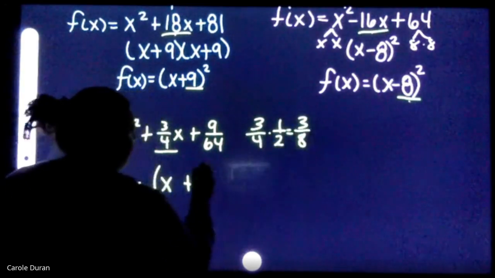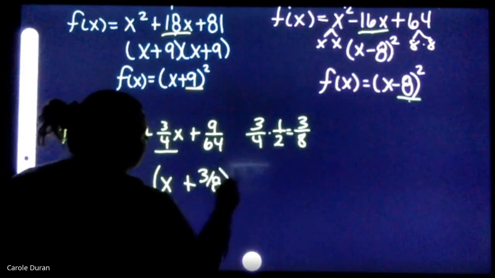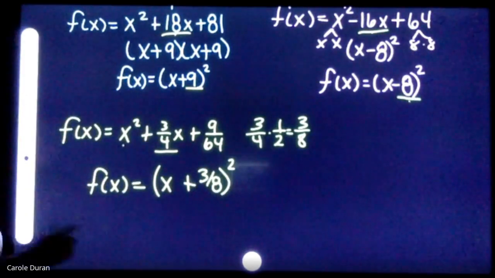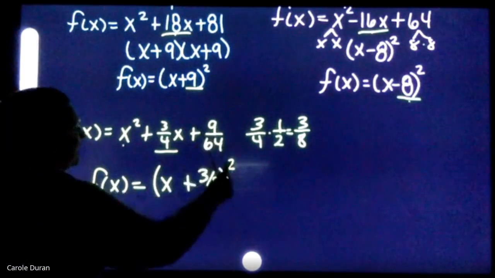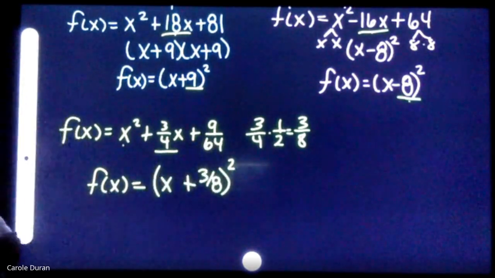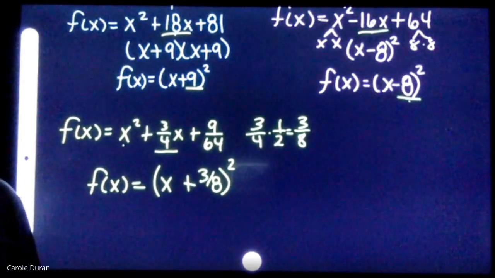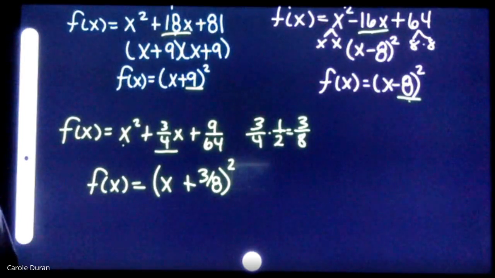And we get 3/8. So this factors into x plus 3/8 squared. I know this is right because if I square 3, I get 9. If I square 8, I get 64. So it does work out. So if it is a perfect square trinomial, we have a shortcut for factoring it.